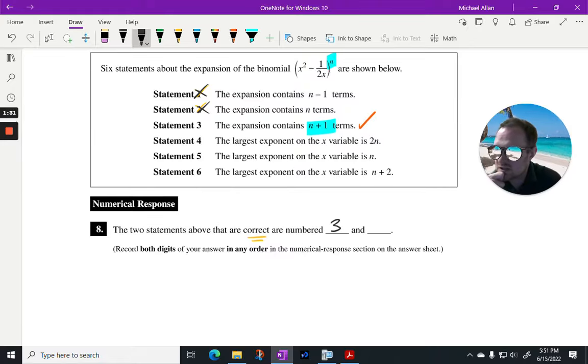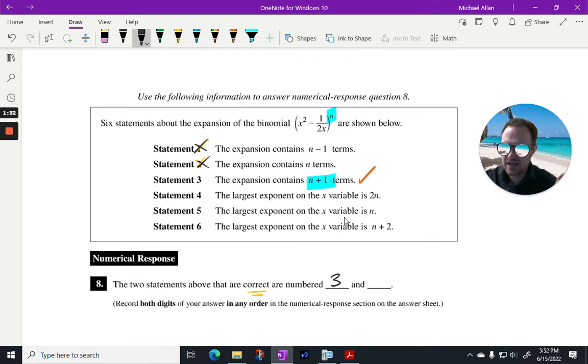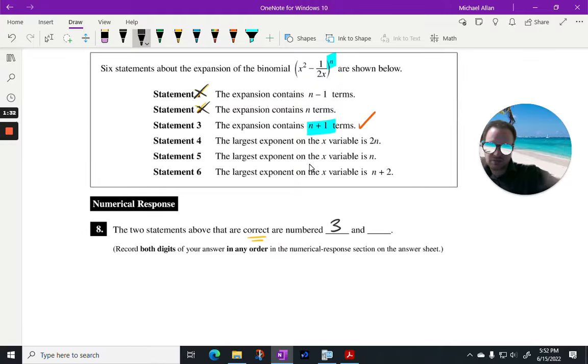Now, the largest exponent on the variable is... It's an interesting one, but what it means is, if they were to do the expansion of all n plus 1 terms, which of those terms is going to have the biggest exponent on the x?